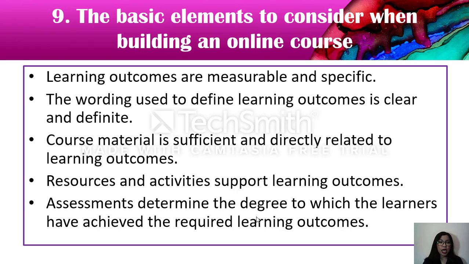So it needs to be related. And the next is assessments determine the degree to which the learners have achieved the required learning outcomes. So those are the basic elements to consider by the teacher when they want to build an online course.